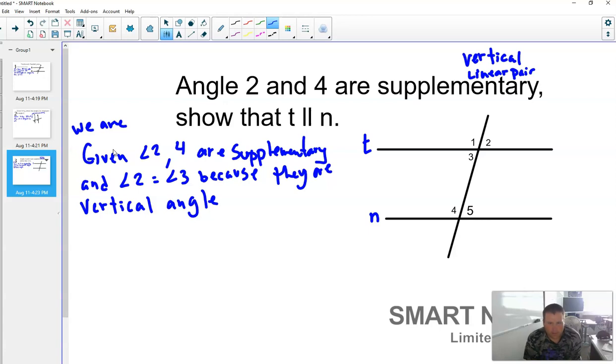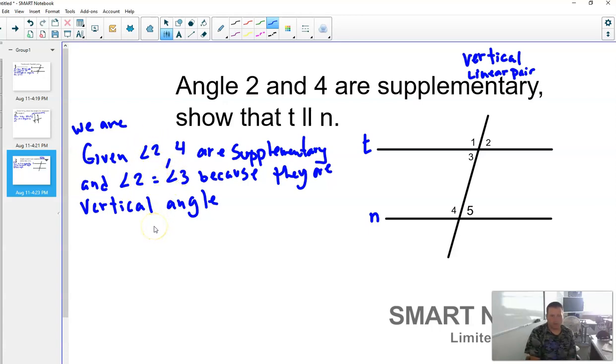Now what I want you guys to realize is that I can actually take this angle 3 and substitute it for 2 because they're equal to each other, so it's going to be the same thing. That means 3 and 4 have to be supplementary to each other because 2 and 3 are equal, so that's 30 degrees and that's 30 degrees, which means I can just substitute that.